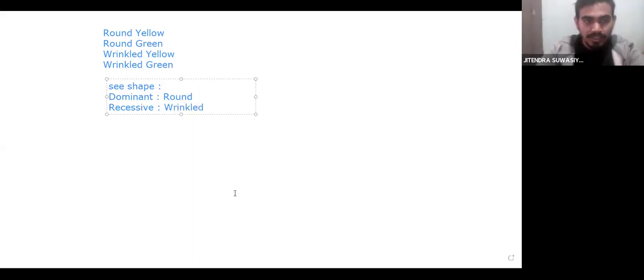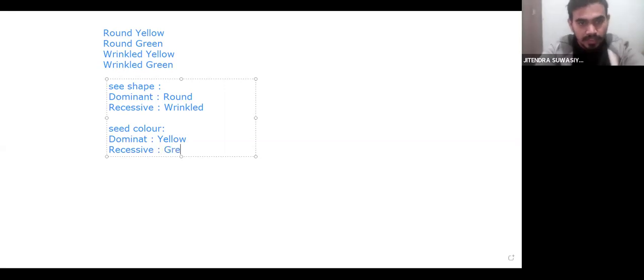Again, in the seed color, we know that the dominant was yellow and the recessive was green.